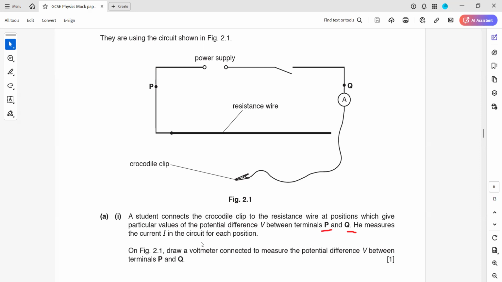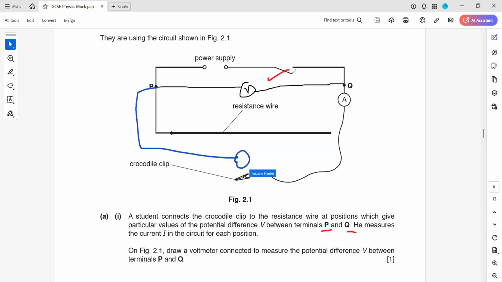On the figure, draw a voltmeter to measure the potential difference between the terminals P and Q. Whenever I need a potential difference between 2 points, I should connect a voltmeter between those points only. So I should connect in this manner between P and Q. Yes, you can connect the long way, that's fine.